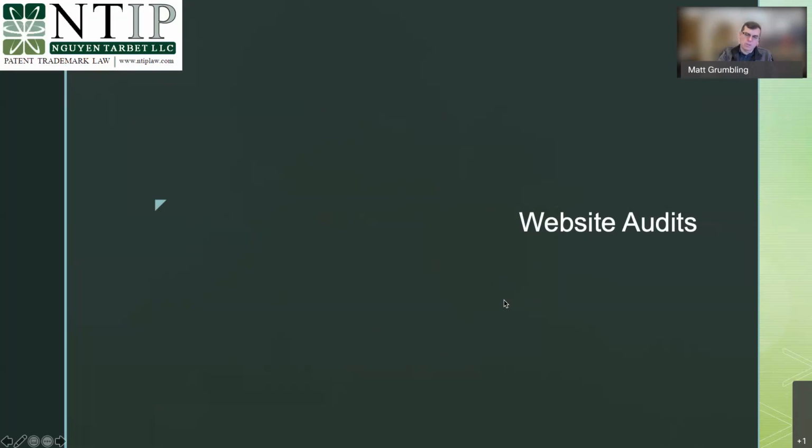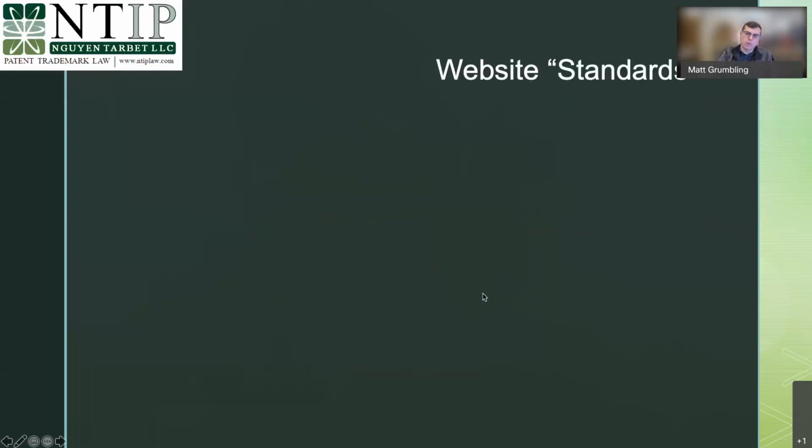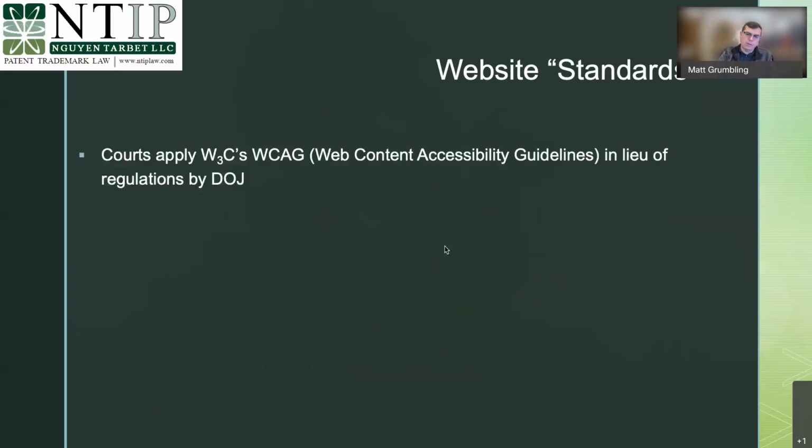So it's good to think ahead, and aside from the liability issues, there's also just the fact that you want your market to be as broad as you can have it. So if there are things that you can do technologically to broaden your market, you'd want to do that. And so these website standards, they're not governmental standards.